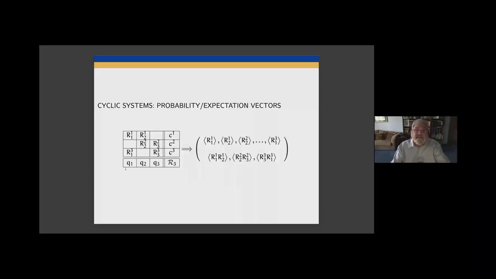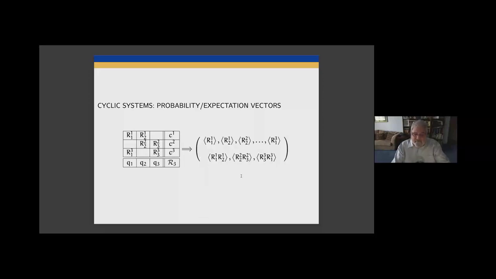of cyclic systems is by presenting them in the form of this vector of probabilities or expectations. So you have here expectations of one marginal, so just individual distributions, and you take the expected values of them. And then within each of the contexts, you can also take the expected value of the product, which physicists sometimes refer to as correlations.